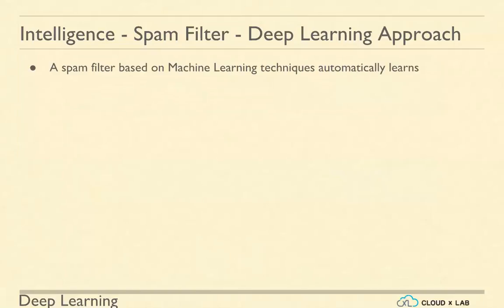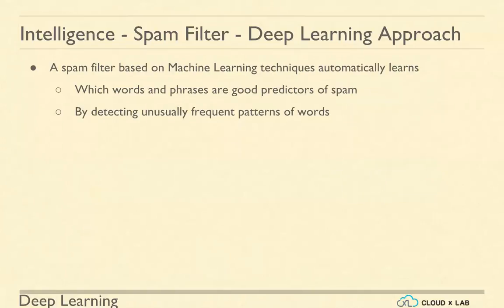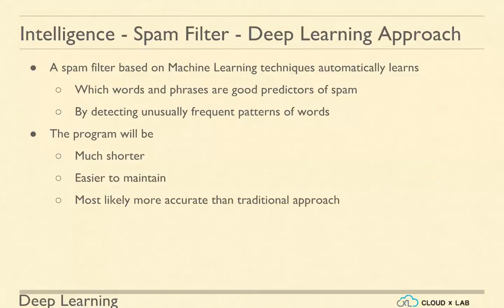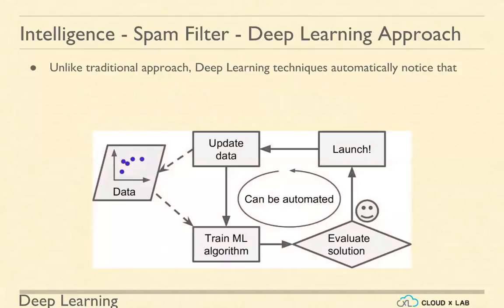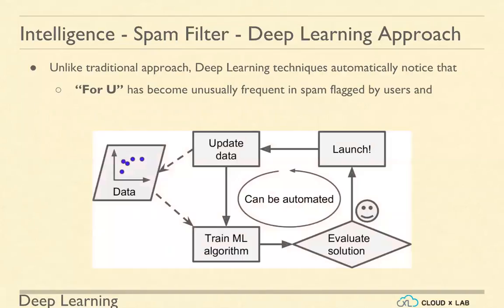The deep learning approach is a spam filter based on machine learning technique that automatically learns which words and phrases are good predictors of spam. By detecting unusually frequent patterns of the words, the program will be much shorter, easier to maintain, and most likely more accurate than the traditional approach. All right. So here is a further enhancement to the same approach.